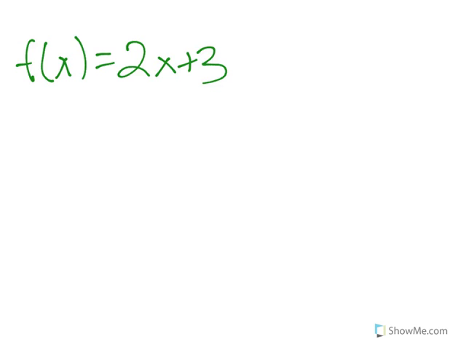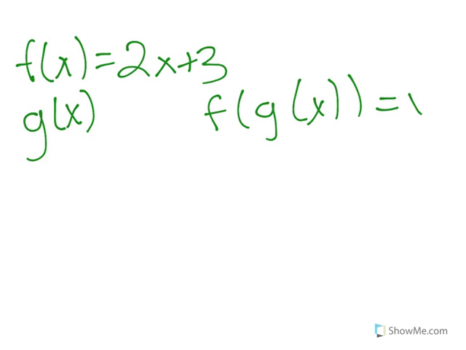So very well, now let's see an example. Let's say we had f of x is equal to 2x plus 3 and we wanted to find g of x where f of g of x is equal to x. Also, you might see it like this.